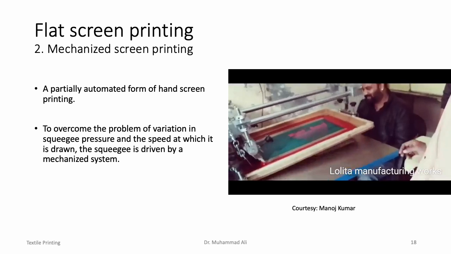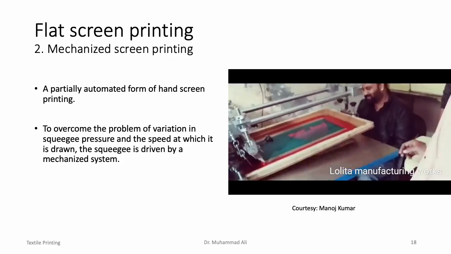So to overcome this problem of variation in the squeegee pressure and the speed at which the squeegee is dragged across the screen, this particular component of the printing process is mechanized in case of mechanized screen printing.